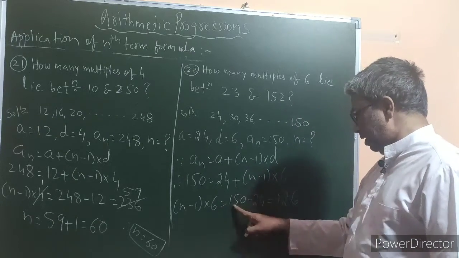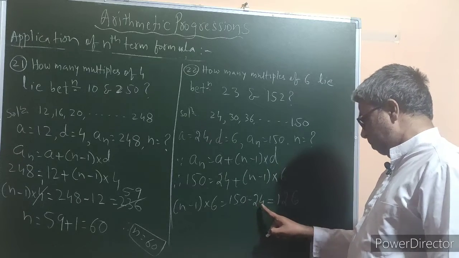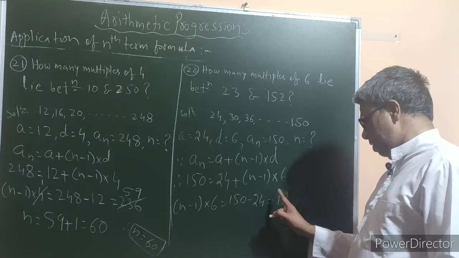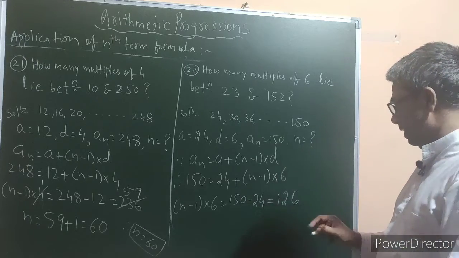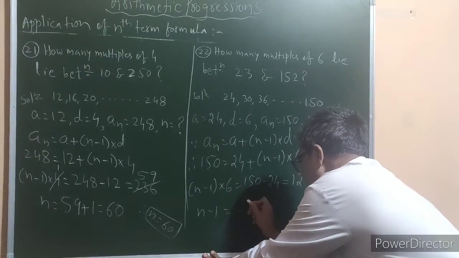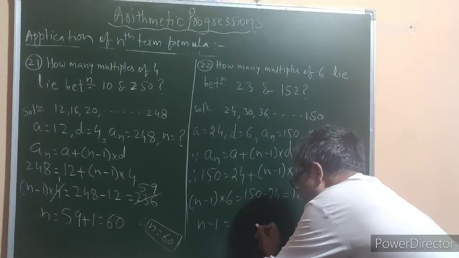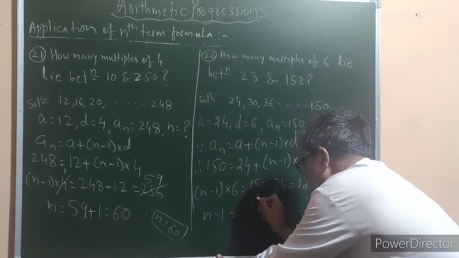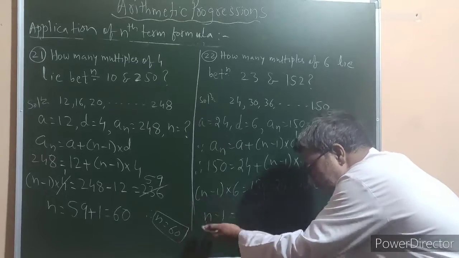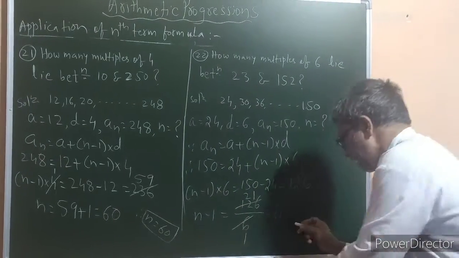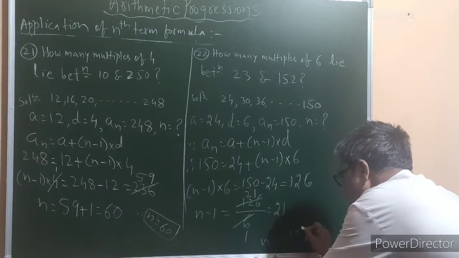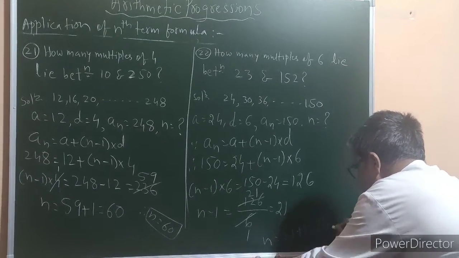Now divide 126 by 6. 6 ones are 6, 6 twos are 12, 6 ones are 6, so it is equal to 21. n minus 1 is equal to 21, so n is equal to 21 plus 1, which is 22.